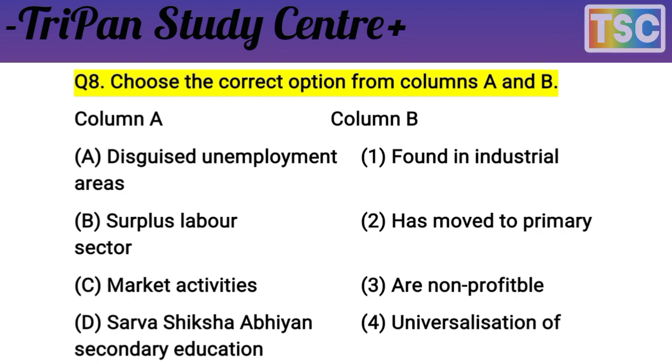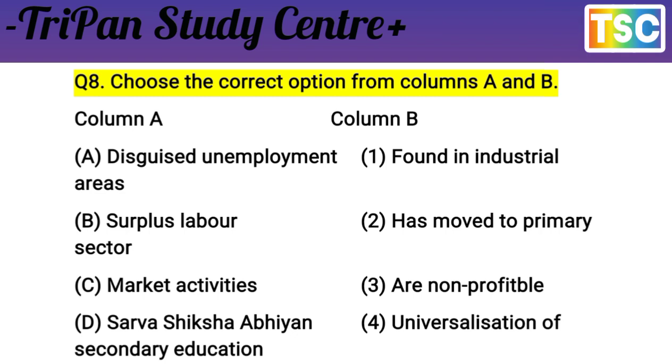It was launched to achieve the goal of universalization of elementary education in the country. It focuses on compulsory education for children up to the age group of 14 years. So the answer D is correct here. Sarv Shiksha Abhiyan is the universalization of secondary education. Option D is correct here.